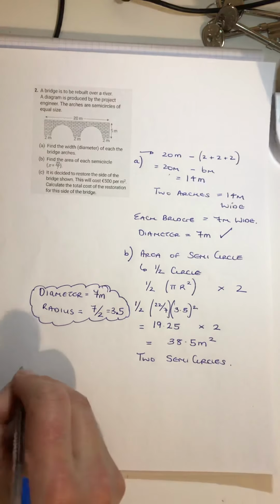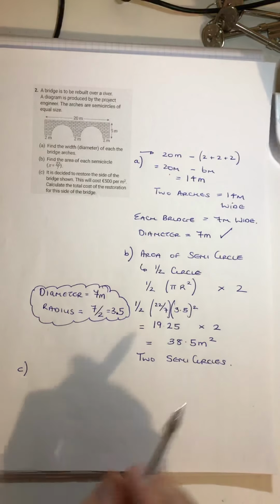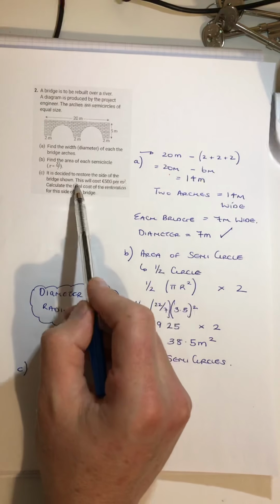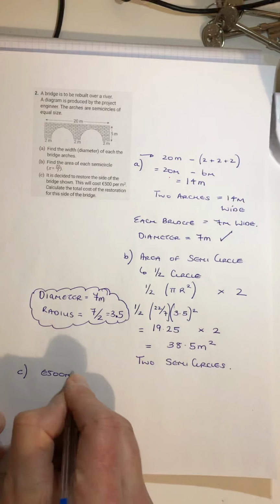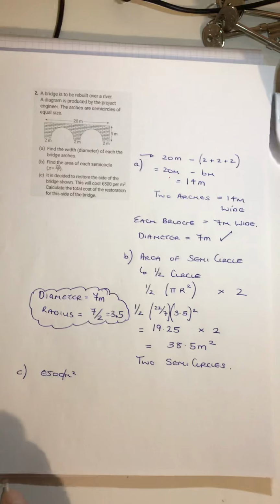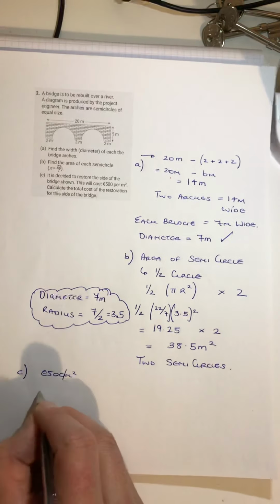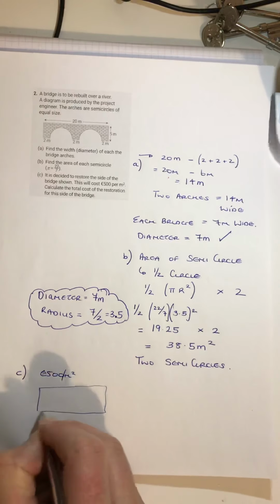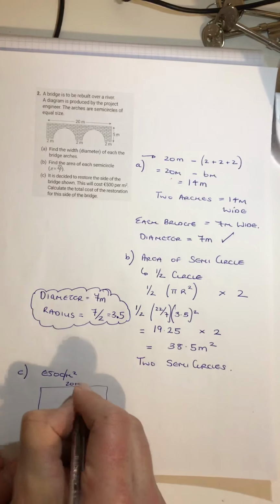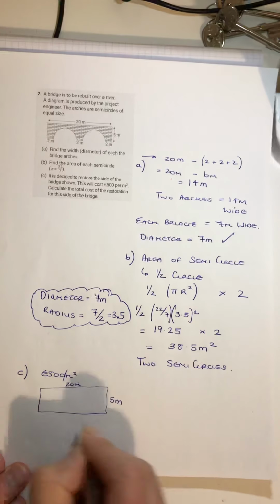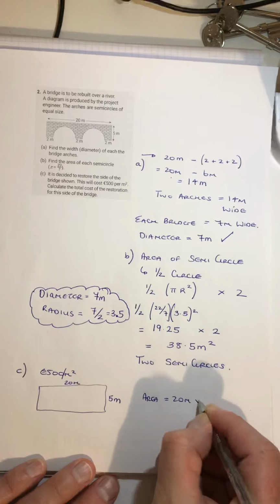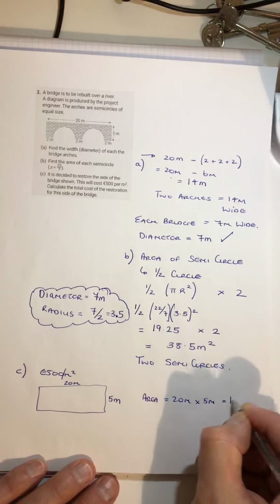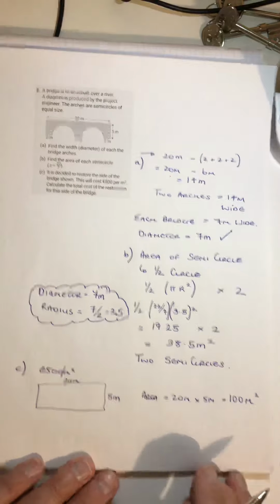And now for part C. It is decided to restore the side of the bridge, and it will cost €500 per meter squared. Okay, so how are we going to calculate the cost? Well, we're going to find the total rectangle, and the rectangle is 20 meters by 5 meters. So the area is equal to 20 meters times 5 meters, which is 100 meters squared.